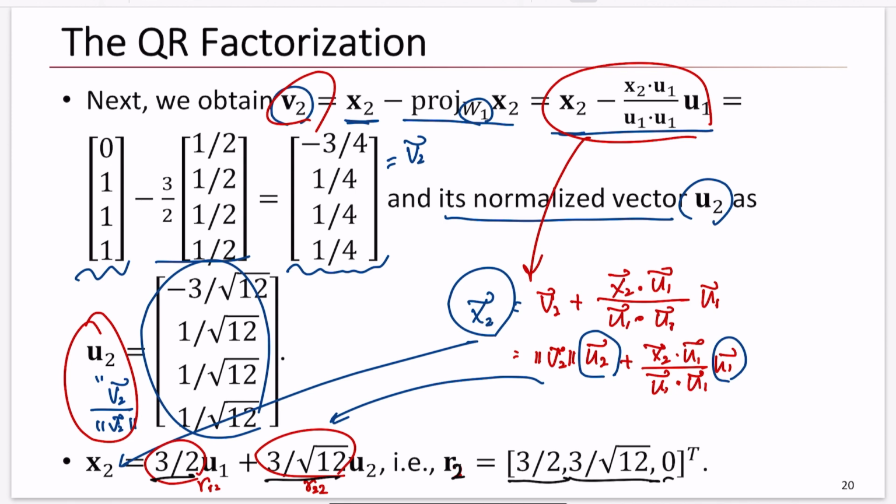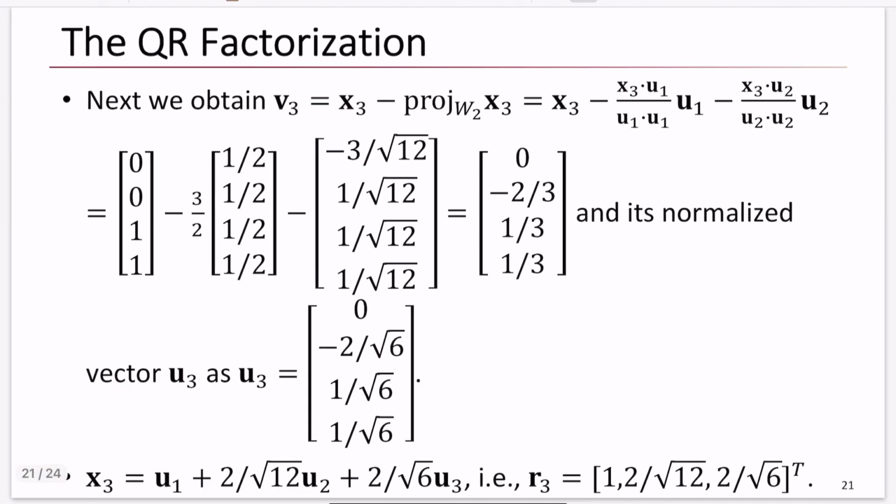So similarly, we obtain v3, which is equal to x3 minus the orthogonal projection of x3 onto the subspace W2, which means x3 minus this one. So please try it yourself. x3 is here.